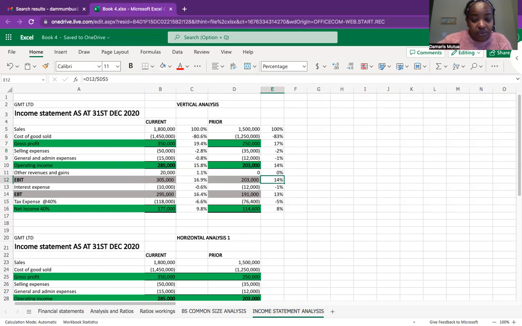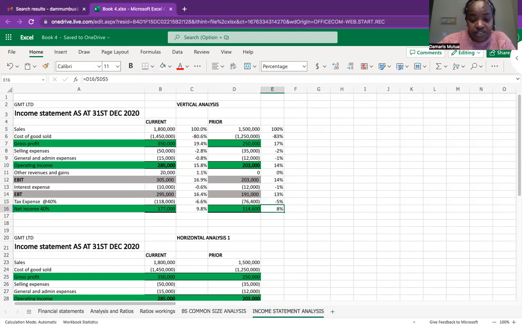Our EBIT has grown from 14 to 16.9%. Our EBT has also grown from 13 to 16.4%. Our tax has also increased. We know tax is based on the EBT, so that is expected because our EBT has also gone up.